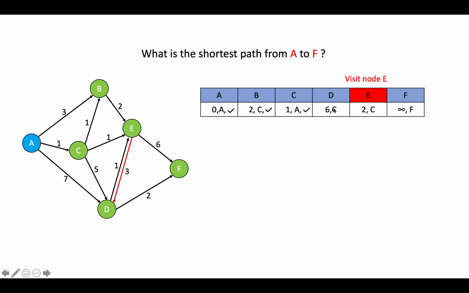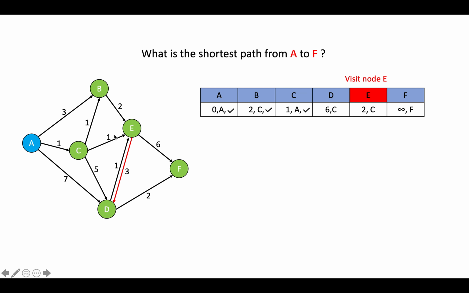For node D, currently, if we do not use this new information, the shortest distance from node A to node D is 6, right? And we should go via node C, right? And if we use this new information, we can see that we can go from node A to node D via node E. And for node E, we should go from node A to node E via node C. So here, we choose this path, right?